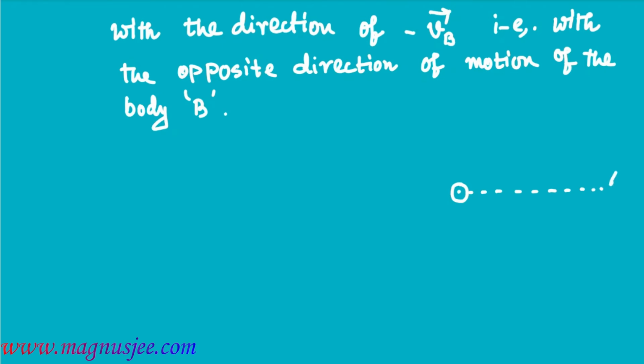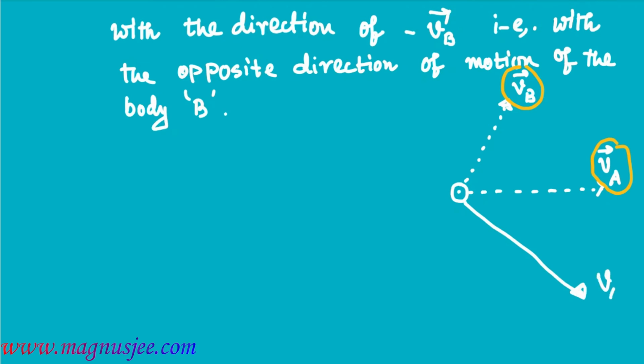That means if we denote the direction of motion of the body A along OA and the direction of motion of the body B along OB, vector VA is the actual velocity of the first body and vector VB is the actual velocity of the second body. With respect to vector VB, the relative velocity of the body A with respect to the body B, the body A will appear to move along this direction with a velocity vector VAB, at an angle phi.